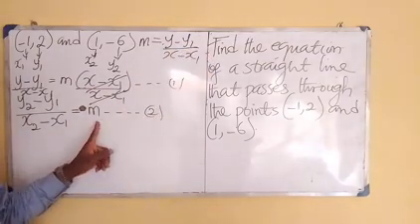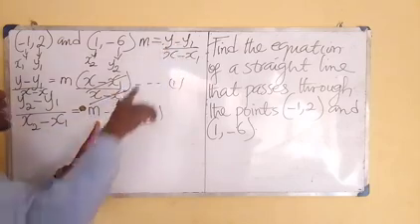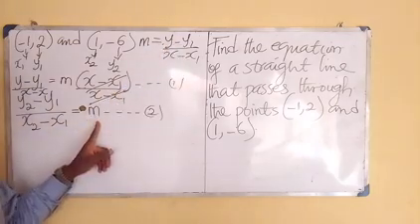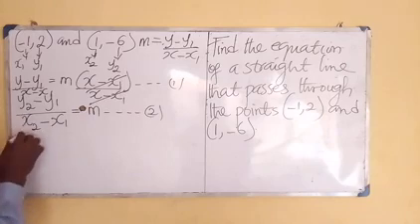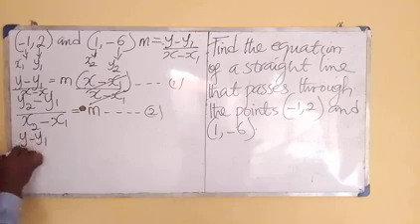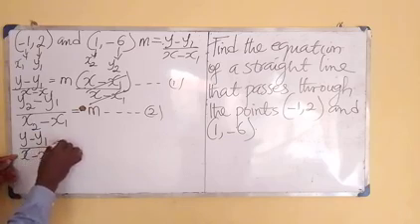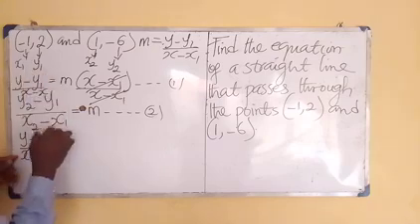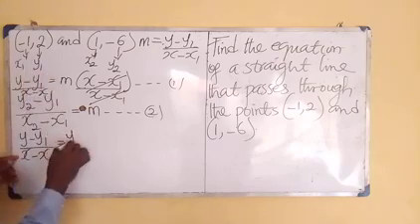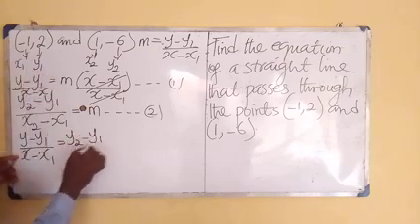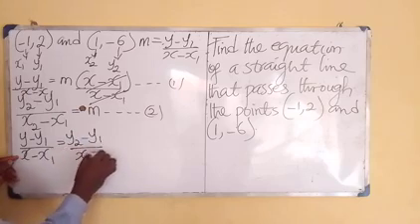Meaning that wherever I see m, I can now put y minus y1 over x minus x1. So I'll bring it down: y minus y1 over x minus x1 equals y2 minus y1 over x2 minus x1.